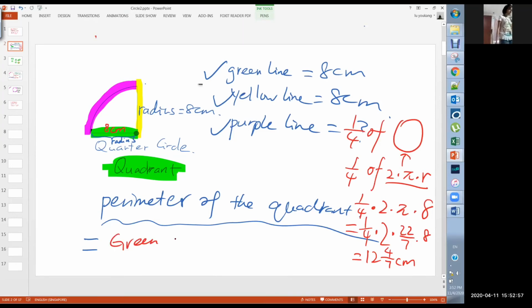yellow. What operation? There are 4 operations. Yellow, purple. So what's the operation? How many operations are there? 4. Which 4?